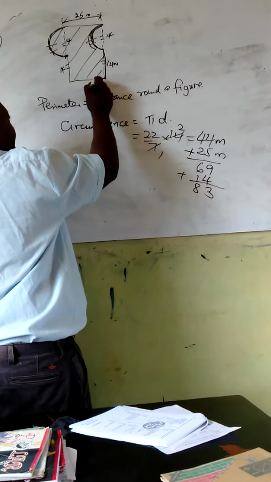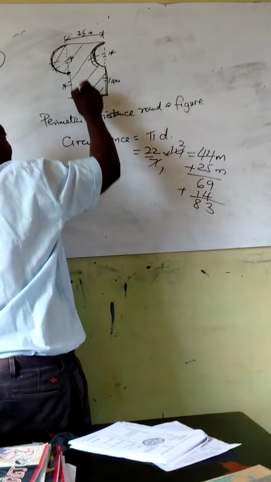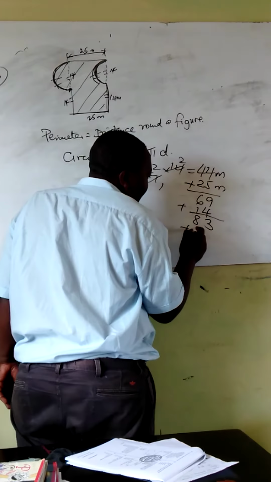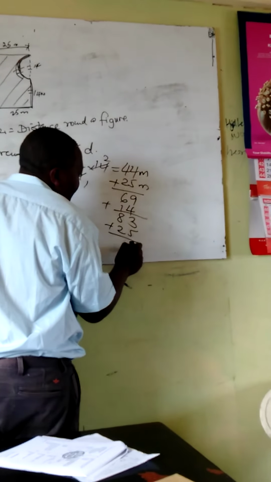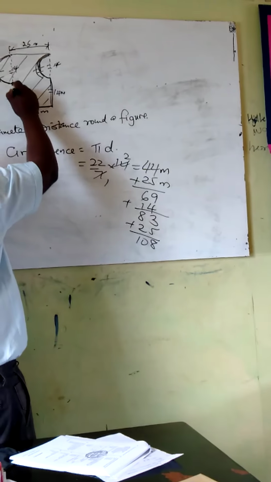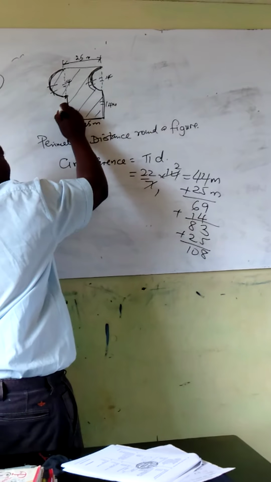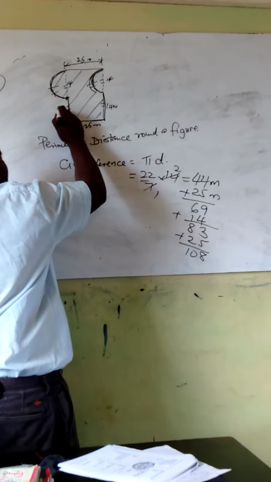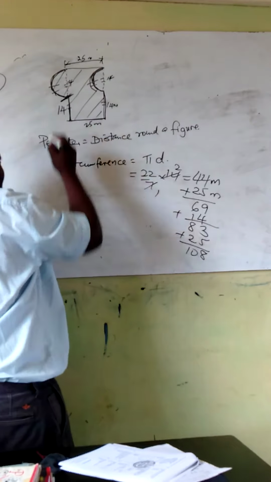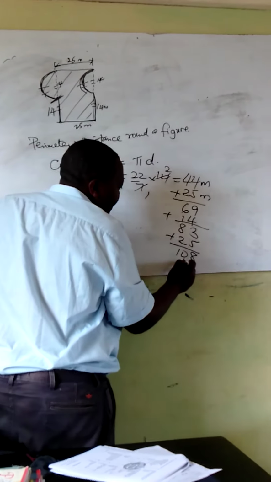The distance from here to here is the same as from there to there, so this is also 25 meters. We add 25 and get 108, and then we add this distance, which is also 14, and we are back to our starting position.